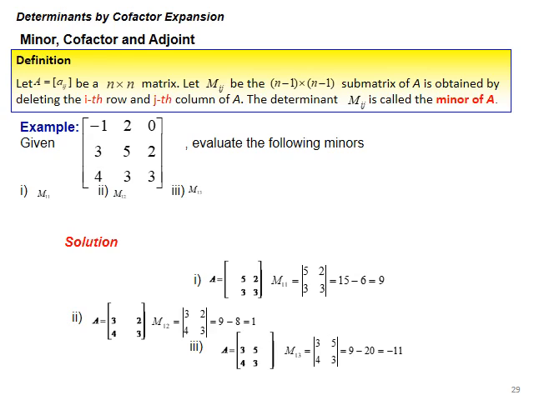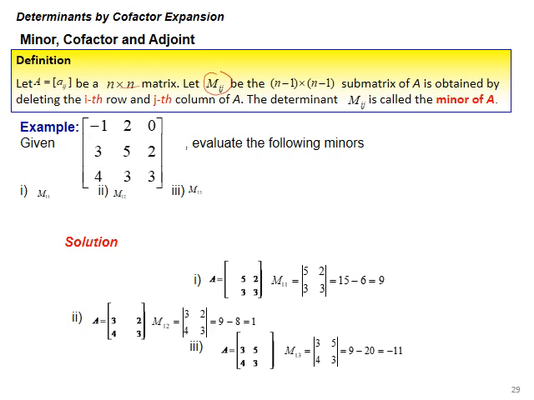Let me start with some definitions: minor, cofactor, and adjoint later on. Now if I have a matrix which is n by n, it means a square matrix, then the minor Mij for row i, column j is obtained by deleting the ith row and jth column, and then finding the determinant for that part.